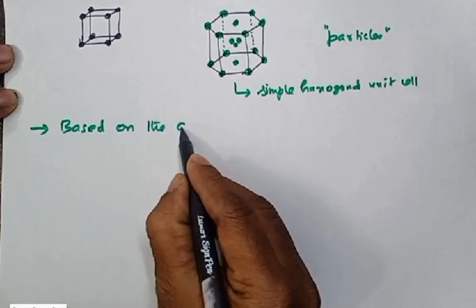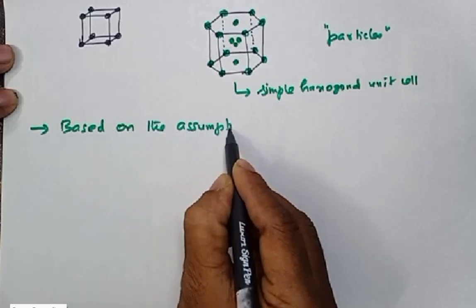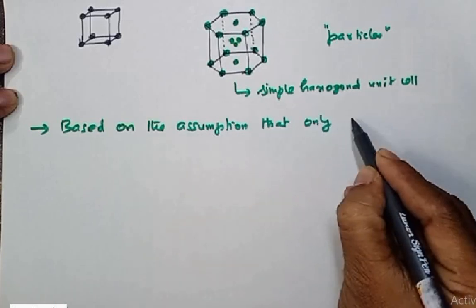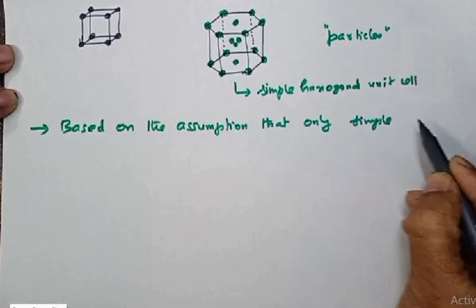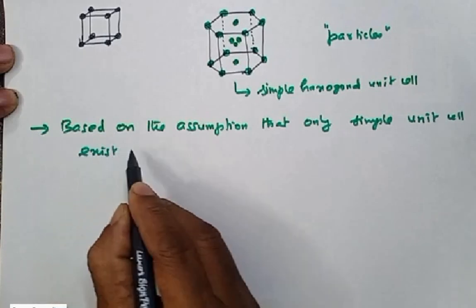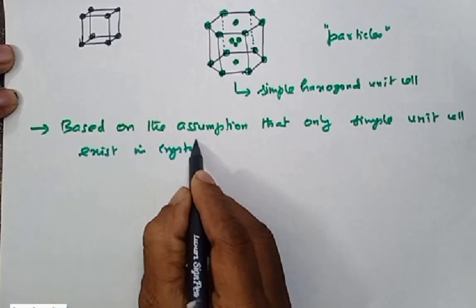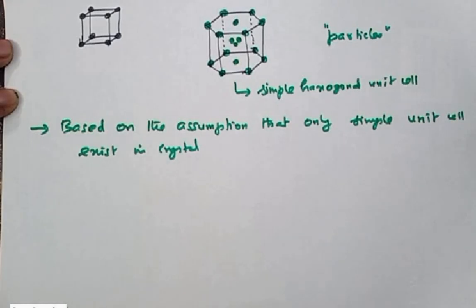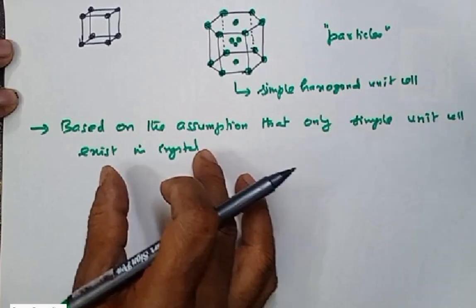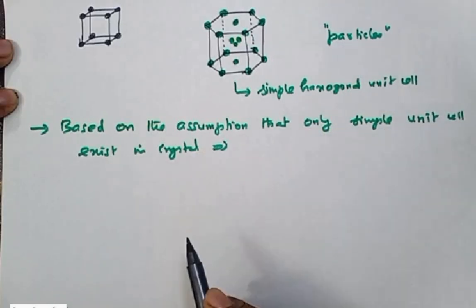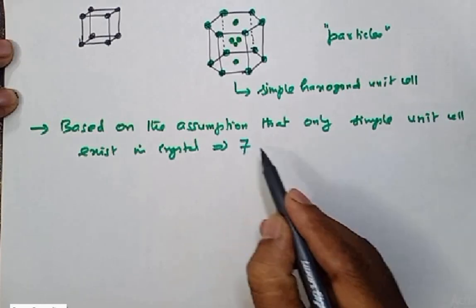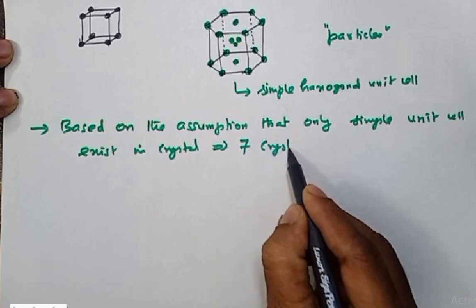Based on the assumption that only simple unit cells exist in crystals, they arrived at 7 crystal systems.